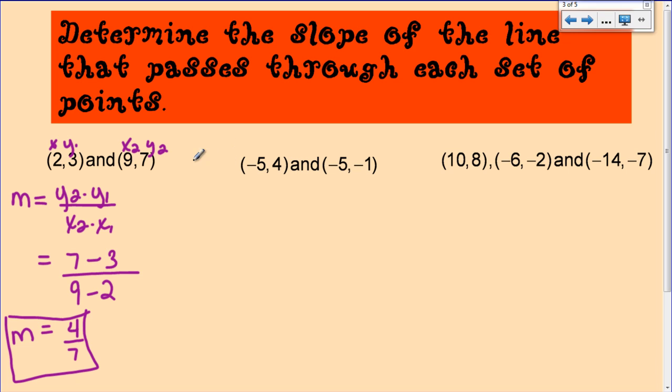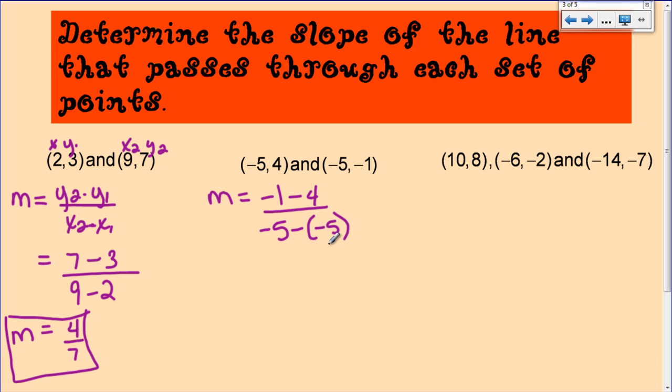So let's do the next one. We're going to find the slope between these two. So we're going to subtract the two y values. So I'm going to do -1 minus 4 over, now please be very careful here because you have a -5 and another -5 and you're subtracting. So this is going to be -5 minus -5. This minus sign from the original equation does not take the place of this negative.